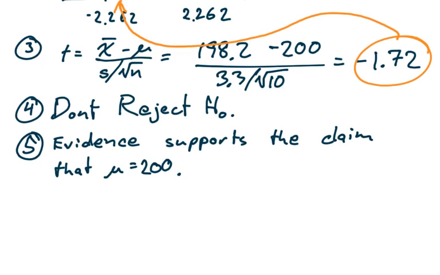Now, we're going to move on to the second part, which is to construct the 95% confidence interval for the mean. The way that I do this is I start by constructing our margin of error. So this is our critical t-value times the sample standard deviation divided by the square root of the sample size.